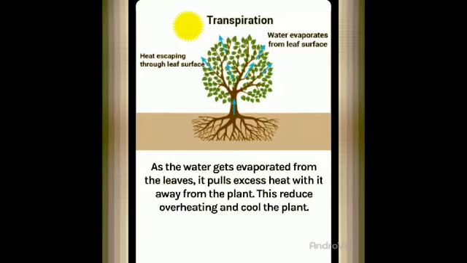Because as the water gets evaporated from the leaves, it pulls excess heat with it away from the plant. This reduces overheating and cools the plant. So water evaporates from the leaf surfaces, heat escapes through the leaf surface, and the plant is cooled.